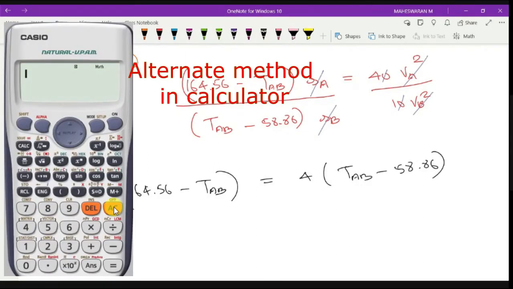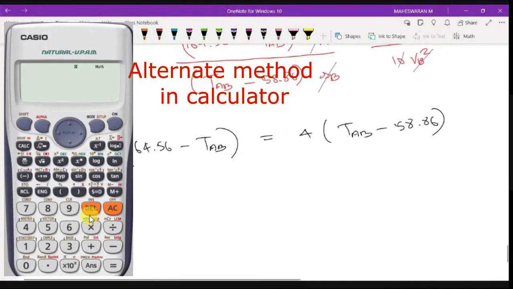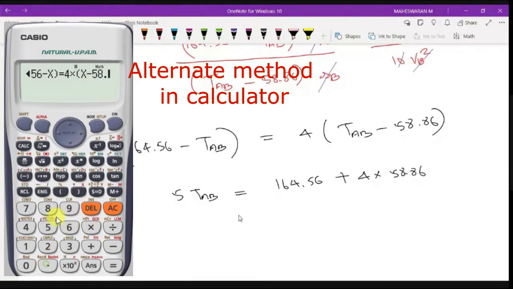Bring TAB on one side and equate it. So I'll get 5 TAB is equal to, bringing on the other side, 164.56 plus 4 into 58.86. So what is your TAB?